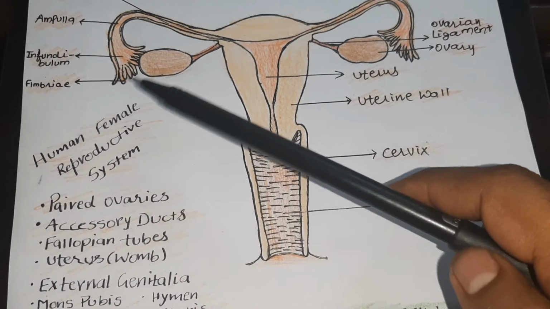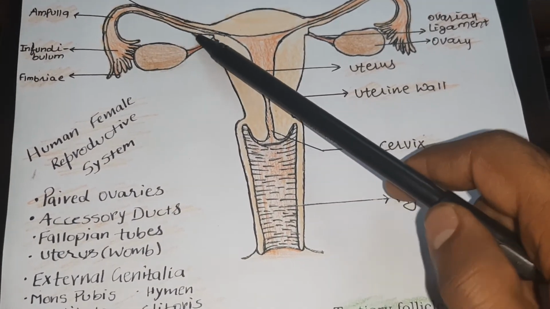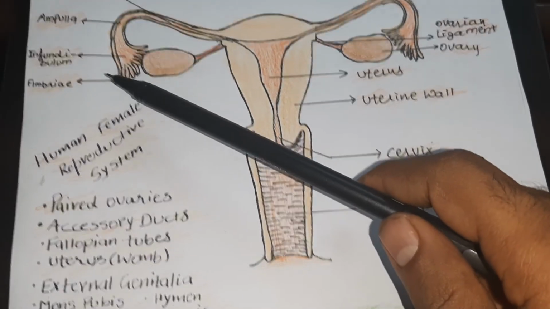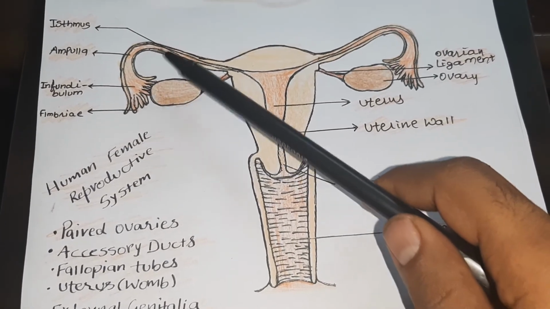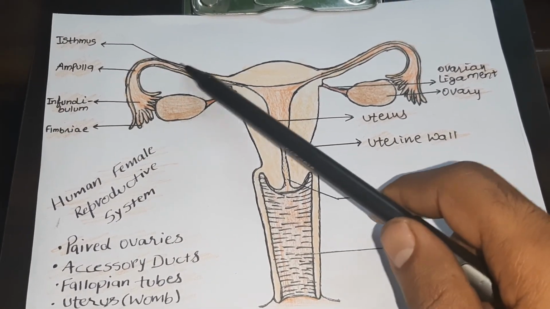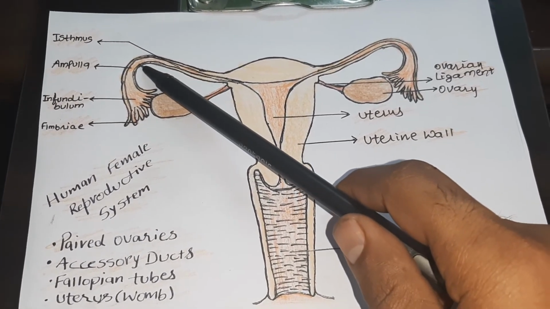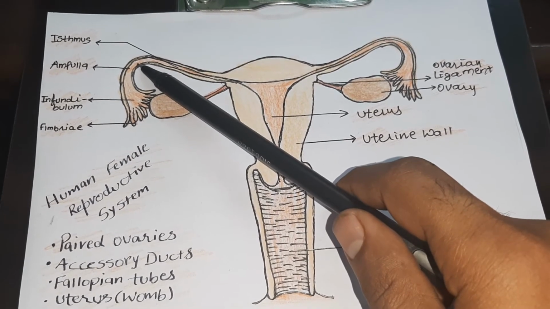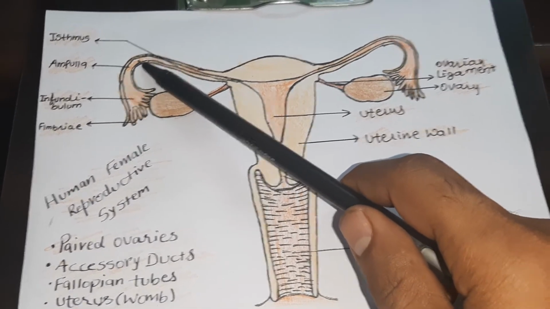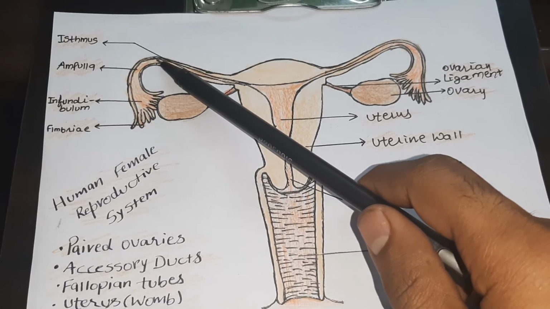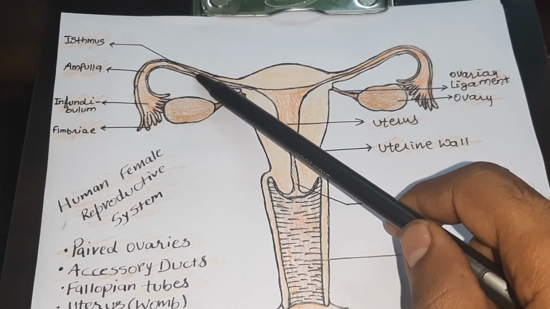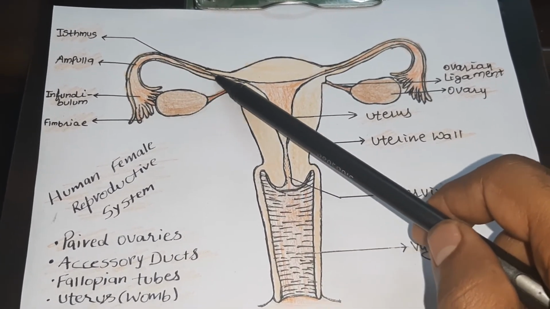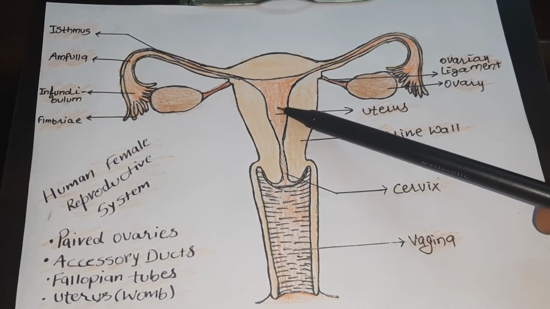There are accessory ducts, which consist of fallopian tubes and the uterus. Fallopian tubes have three parts: infundibulum, ampulla and isthmus. And you must know that the ampullary isthmus junction is the site for fertilization, where egg and sperms meet. The inner lining of the fallopian tube has ciliated epithelium, which helps to push the egg forwards towards the uterus.